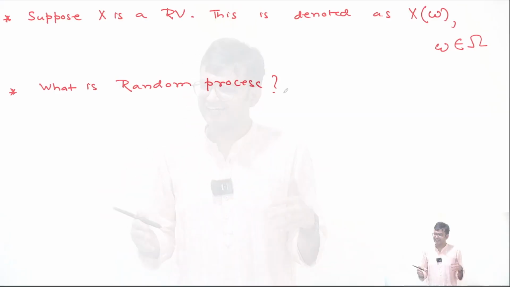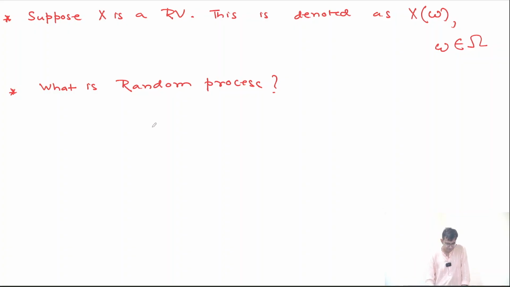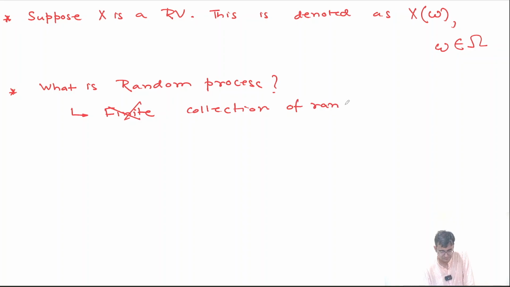Not today, maybe tomorrow, in the next lecture, but I'll come to the intuition at least today. Okay. So it's a collection of random variables, and it need not be finite.